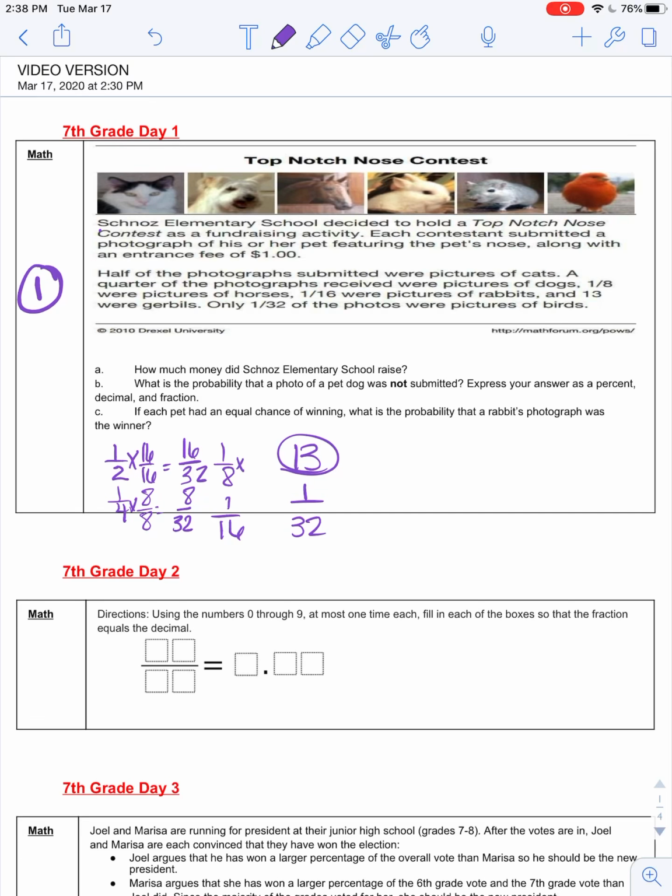This one's times 4 over 4, which is going to be 4 32nds. Times 2 over 2 is 2 32nds. This one's already over 32. And we're just going to leave that 13 alone for a minute. So then we're going to add up all these together. So we have 16 plus 8 plus 4 plus 2 plus 1.